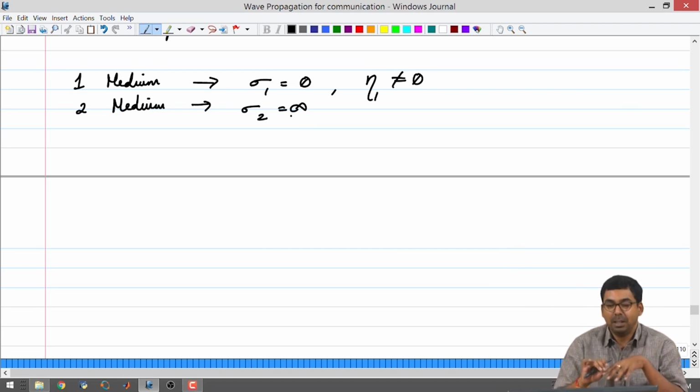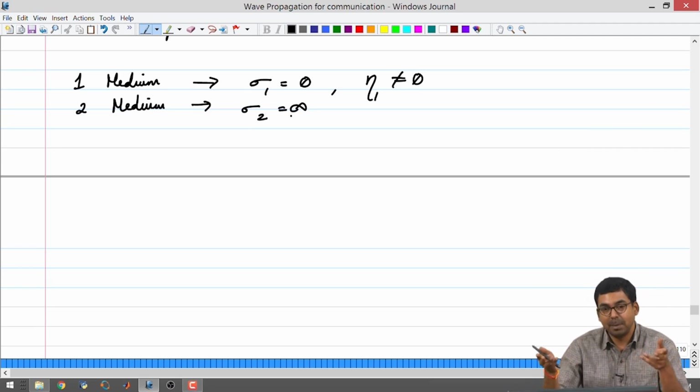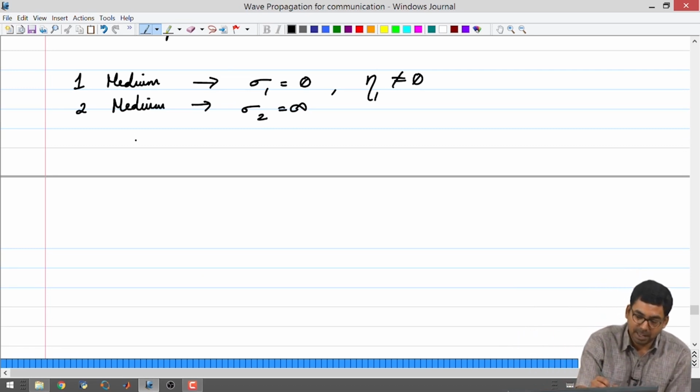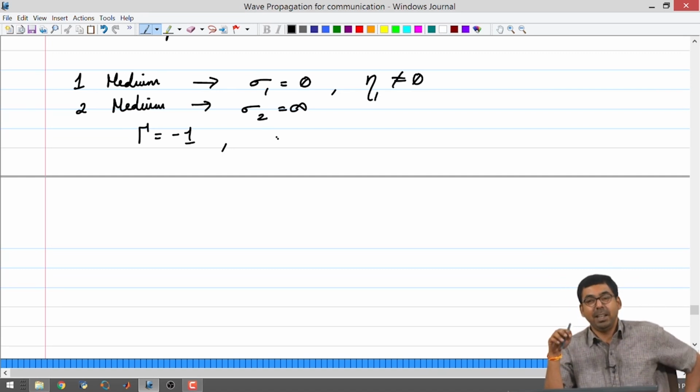Then you will find that you have a case where sigma is equal to 0 on one side and sigma is equal to infinity on the other side. We can guess that gamma is equal to minus 1 corresponds to this case. Sigma equal to infinity means you have a perfect electric conductor.